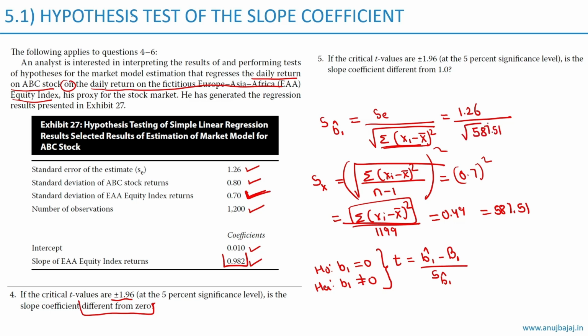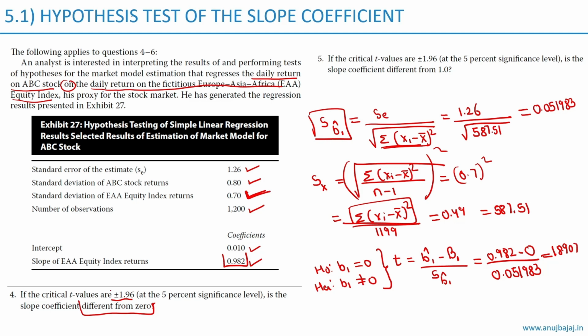We take the square root of this and the standard deviation of the slope coefficient equals 0.051983. So the t statistic equals 0.982 minus 0 divided by 0.051983.